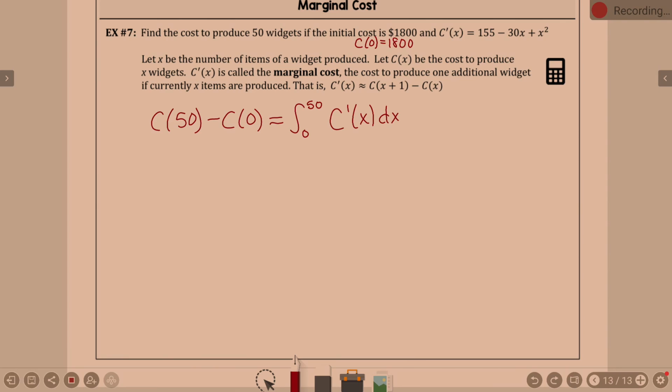So we can go ahead and put that in. So we're doing the integral from 0 to 50 of 155 minus 30x plus x squared dx.